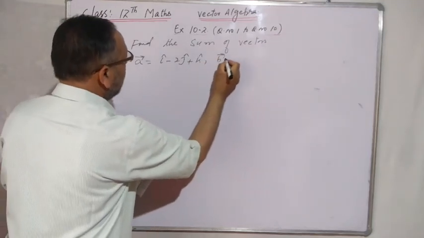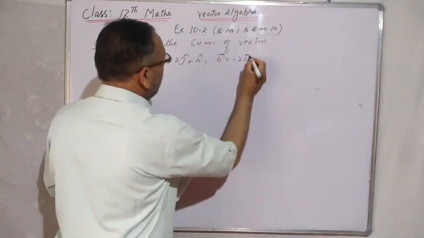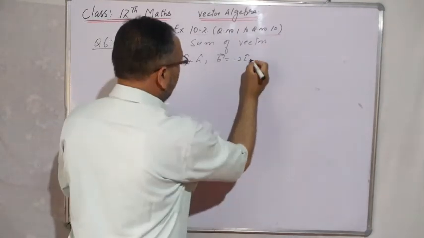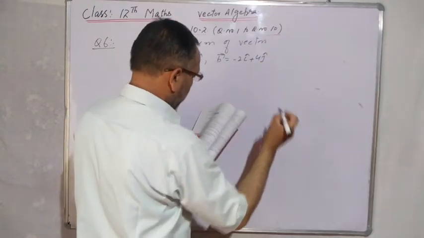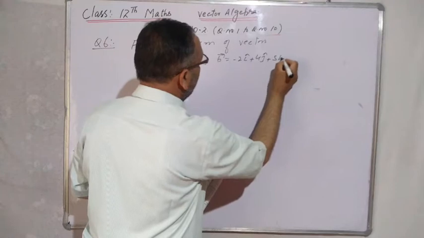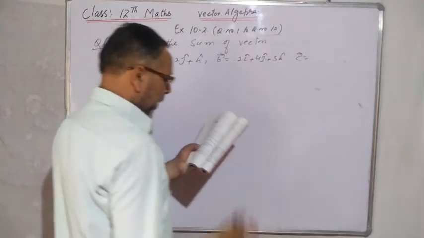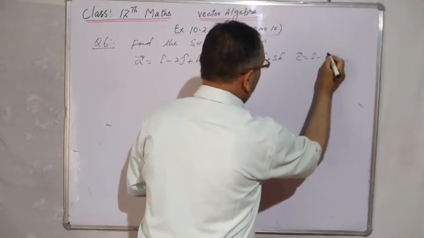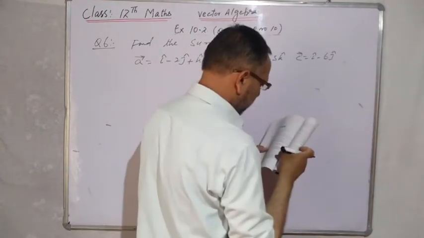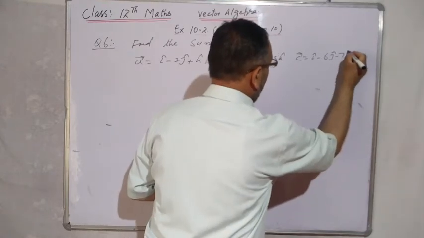Vector B is equal to minus 2 I cap plus 4 j cap plus 5 k cap, and C vector is equal to I cap minus 6 j cap minus 7 k cap.